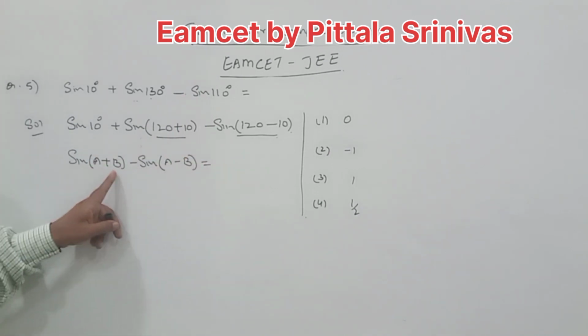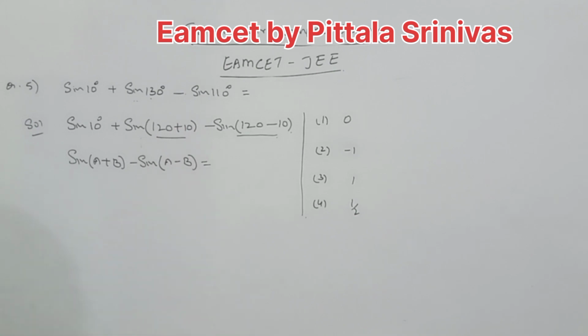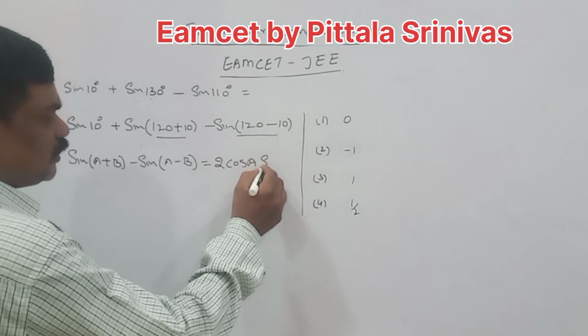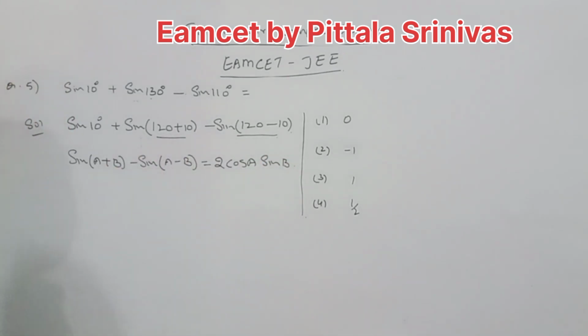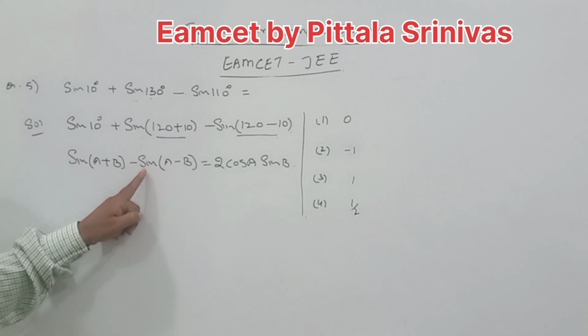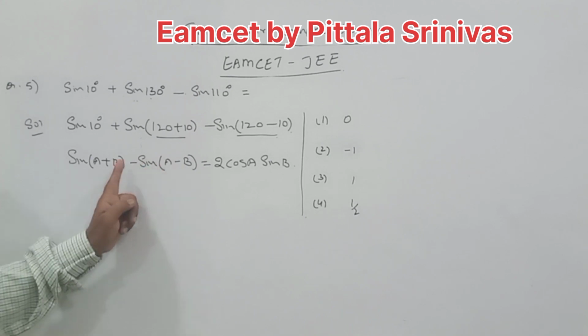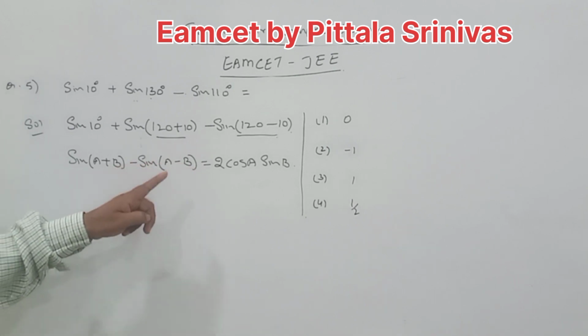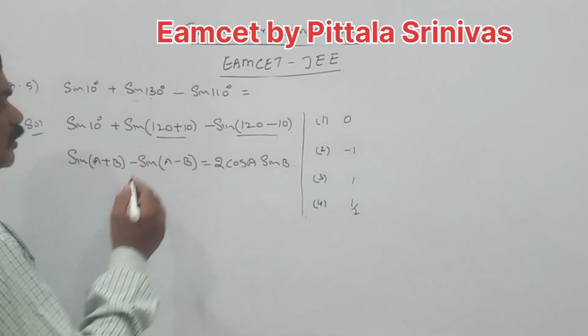Then what will we have? 2 into cos A sin B. This is sin A cos B plus cos A sin B minus sin A cos B plus cos A sin B. So you will have 2 cos A sin B.